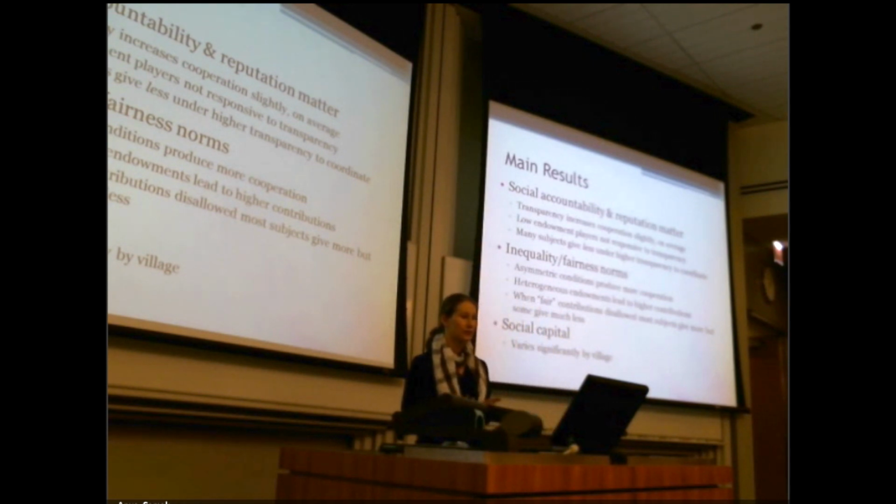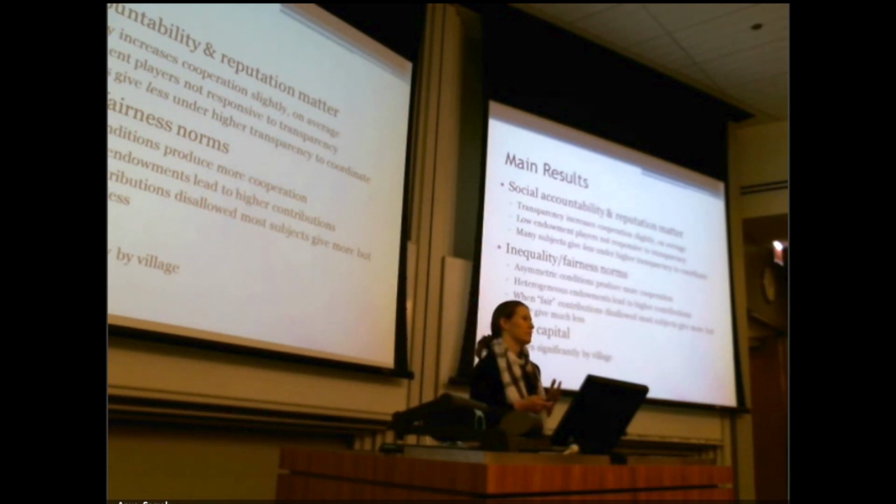And then we also see that low endowment players are not responsive to transparency. They think, okay, we're poor, we don't really need to make a point out of participating in the revealed treatment because we got the bad side of the randomization by getting the poor endowment. Then with inequality and fairness norms, we see that asymmetric conditions actually produce more cooperation.